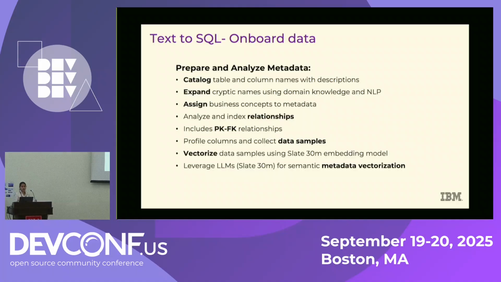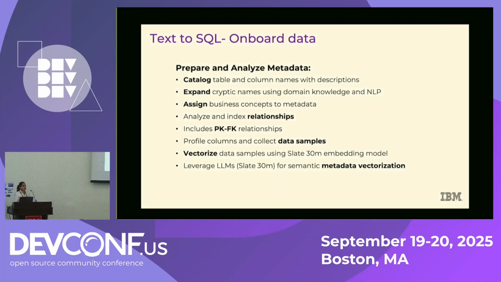I'll give you some examples, but these cryptic names were still not very useful. So in order for models to make sense of these, we had to attach some context to it. We had to attach some descriptions and give more context so that our models can understand what these tables and column names mean. And we use some more models, so we'll go deeper into that.